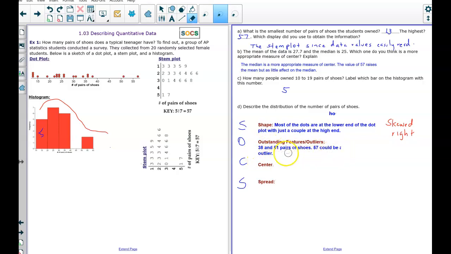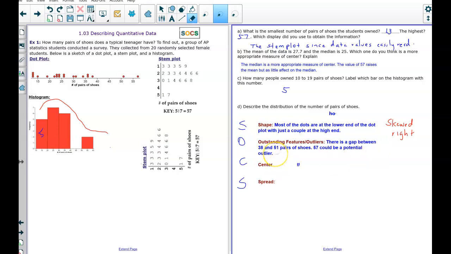So there's a gap between 38 and 51 pairs of shoes, and 57 could be a potential outlier. There's actually a formal test that you have to do to determine if a data value is an outlier, but for the time being, we can just say that it's a potential outlier.